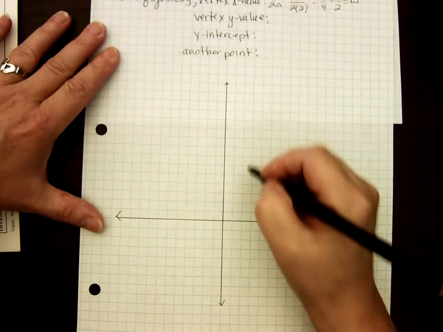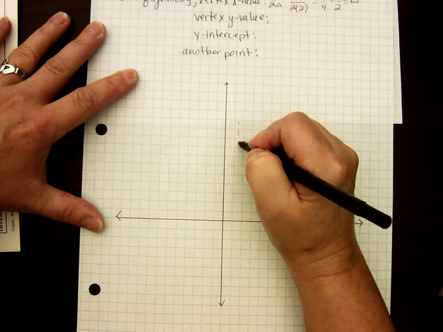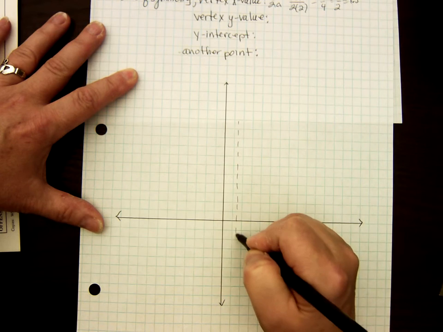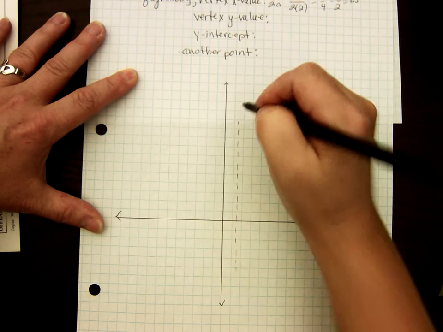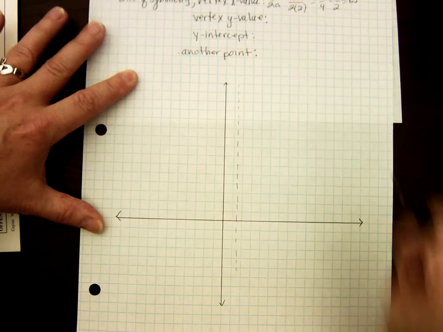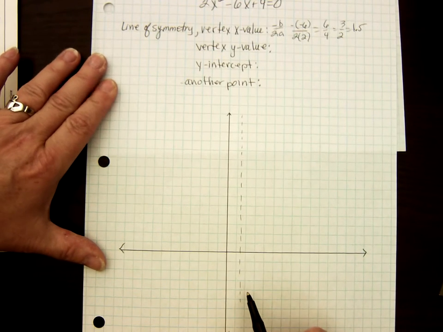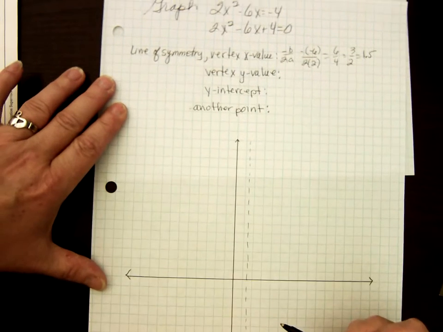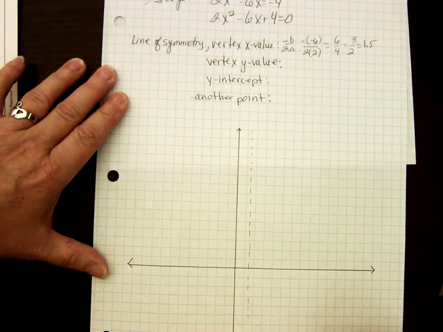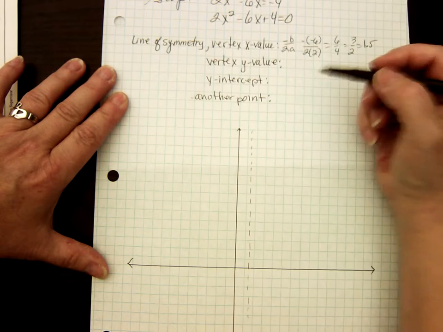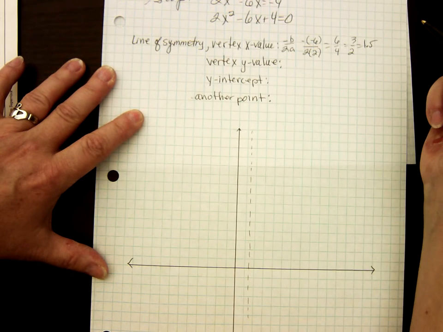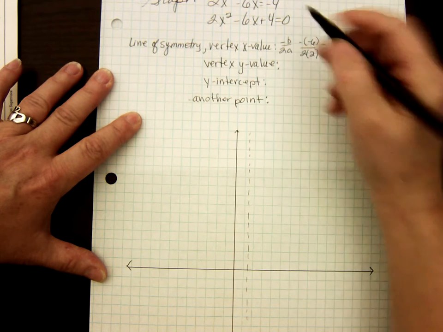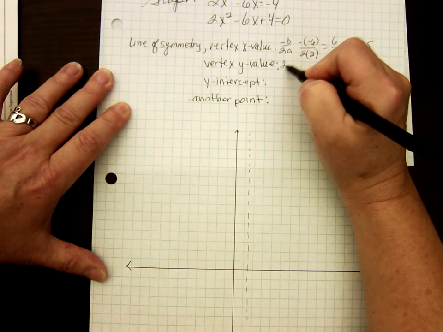So let's just go ahead and draw that. So here's my line of symmetry. Now, the vertex is going to be along this line somewhere, but I have to find where exactly on the y-axis this point lies. So I'm going to take the value of x equals 1.5 and substitute it into my original equation.